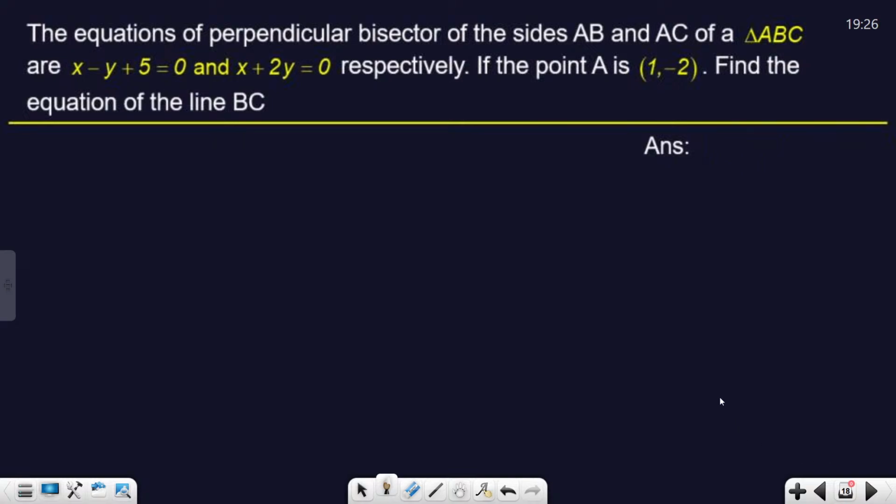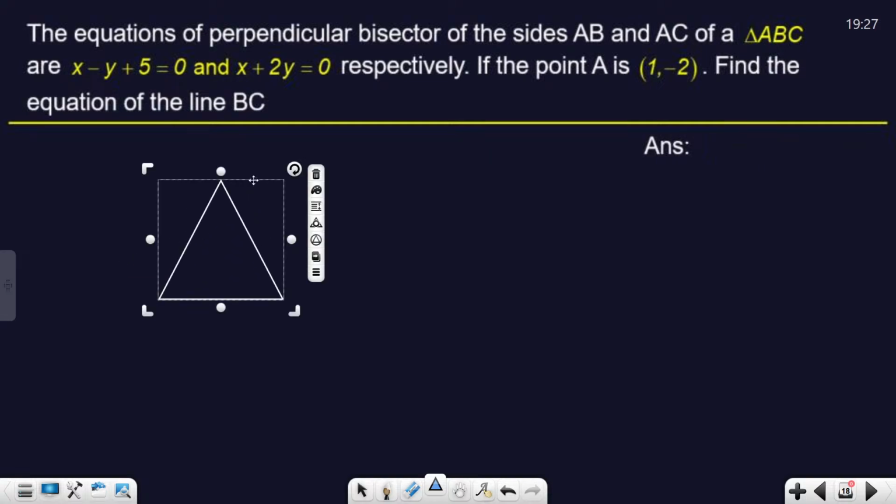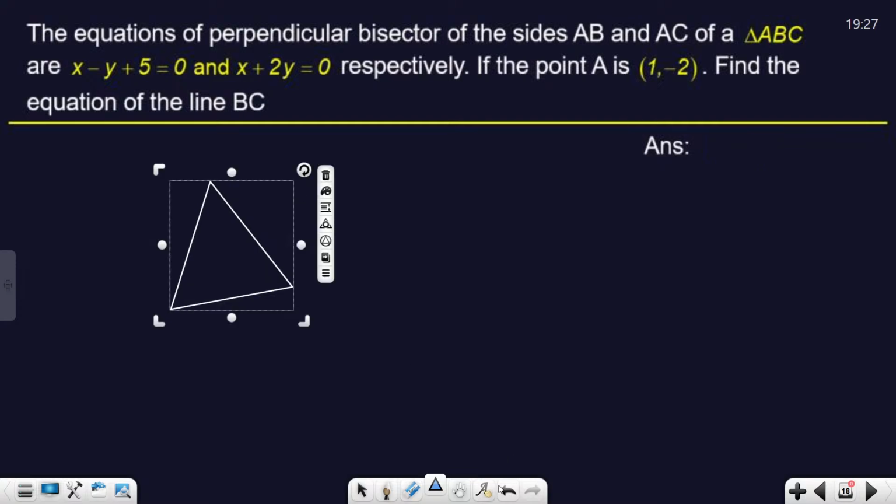So this question. The question says the equations of the perpendicular bisectors of the sides AB and AC of a triangle ABC. Let me just draw the triangle first. Any triangle.